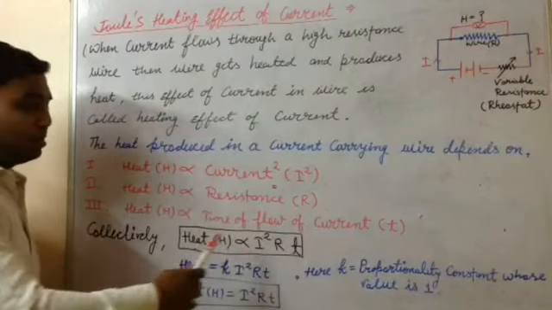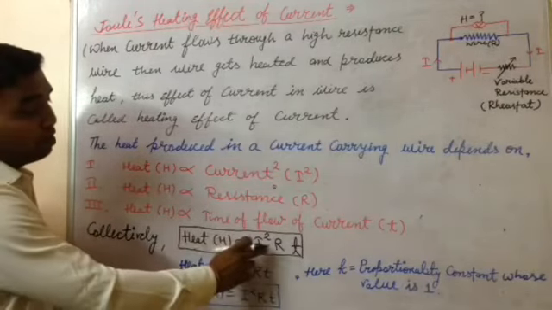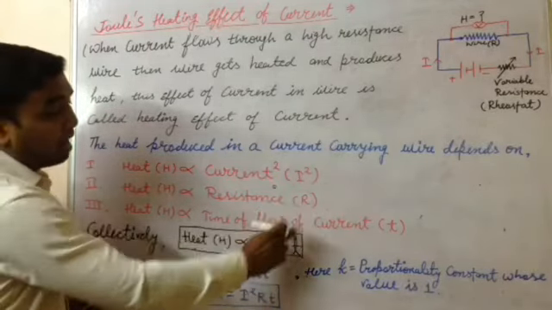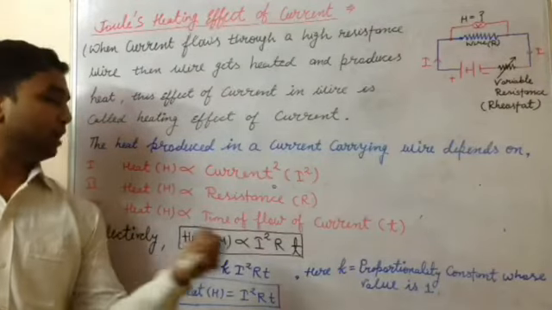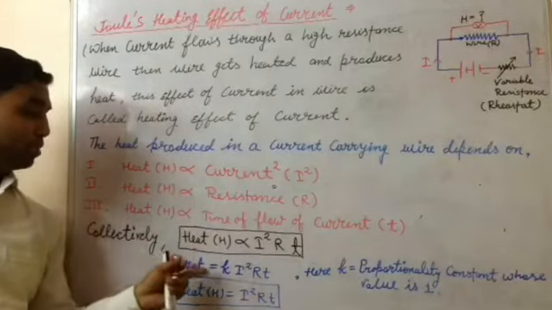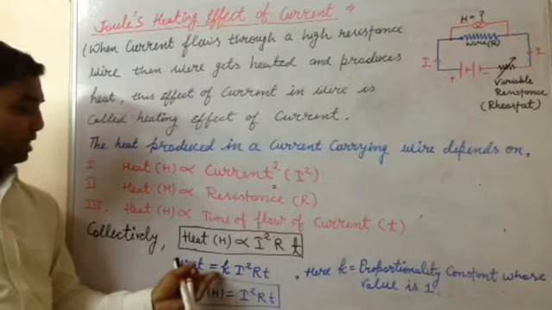So collectively we can write it this way, that's why I've written here. Collectively, heat produced in the wire is directly proportional to I square, R and T. And we have written it this way. Because it is written with a proportionality sign, and we want every relation or expression with an equal sign, we need to put a proportionality constant here.